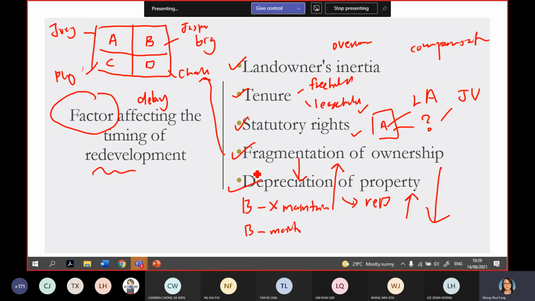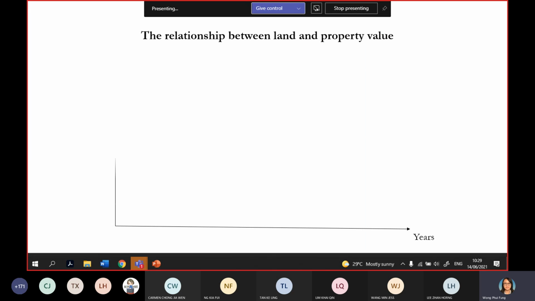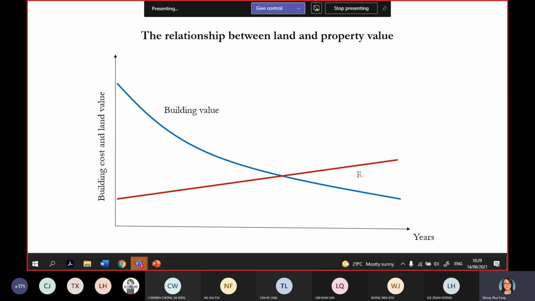That is the relationship. In reality, as I told you just now, your building value will fall over time, depending on whether you maintained it or not. But for sure, land value will not be constant as I showed you just now theoretically. In practice, as time goes along, land value will increase. So that is the relationship between building value and land value.